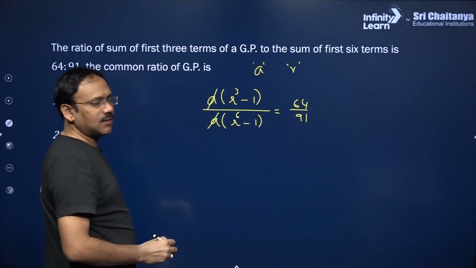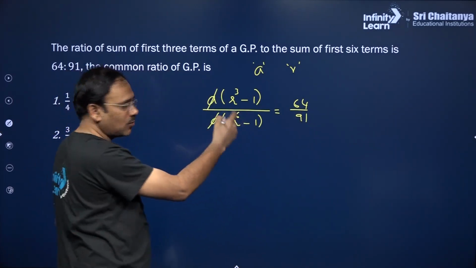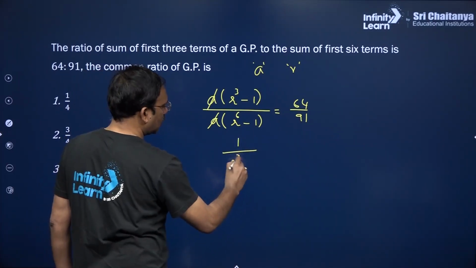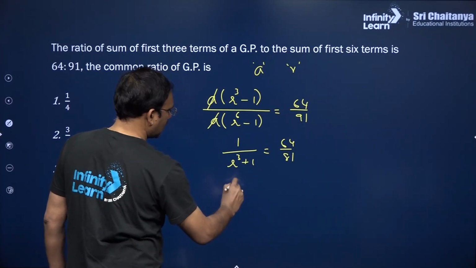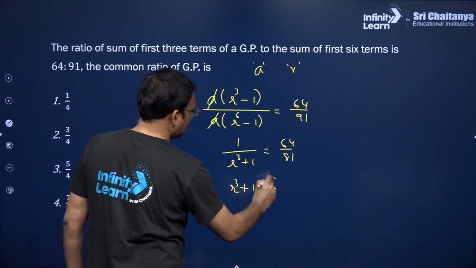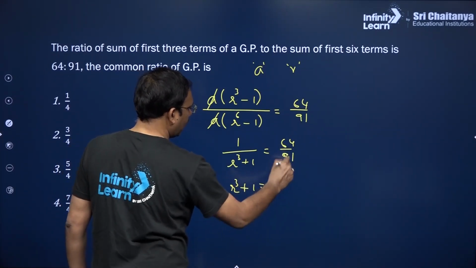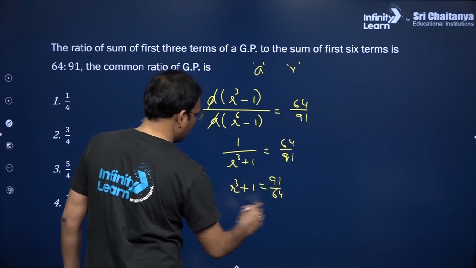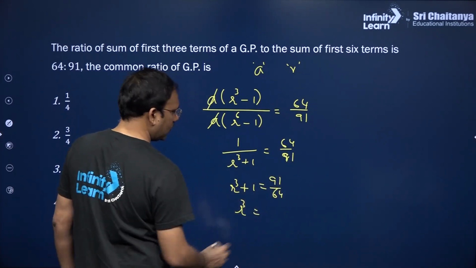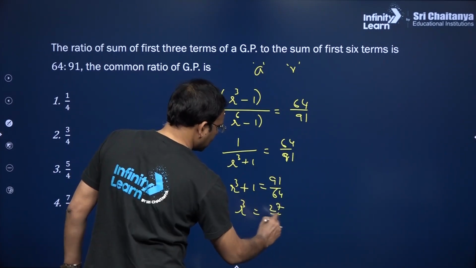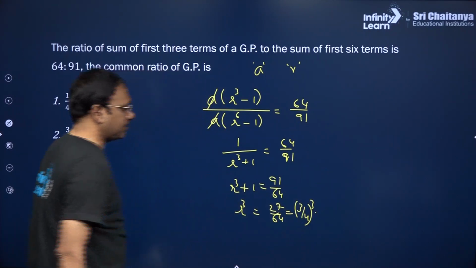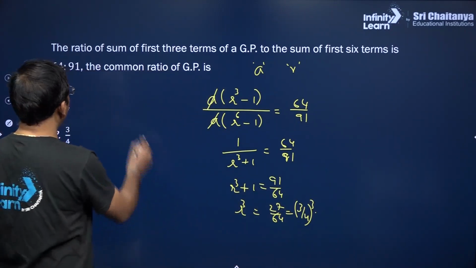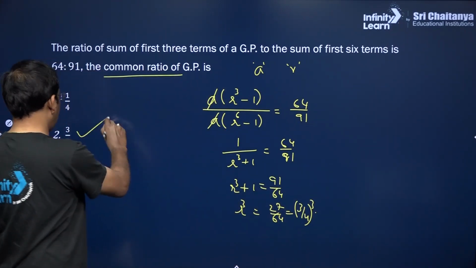A gets cancelled. So this is a cube minus b cube. If you write, you will get r cube plus 1 is equal to 91 by 64. So r cube is going to be 27 by 64, which is 3 by 4 whole cube, my dear friends. So he is asking about the common ratio, which is 3 by 4.